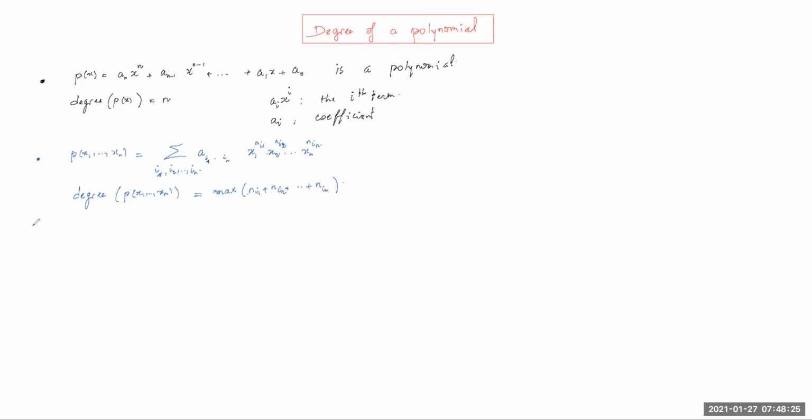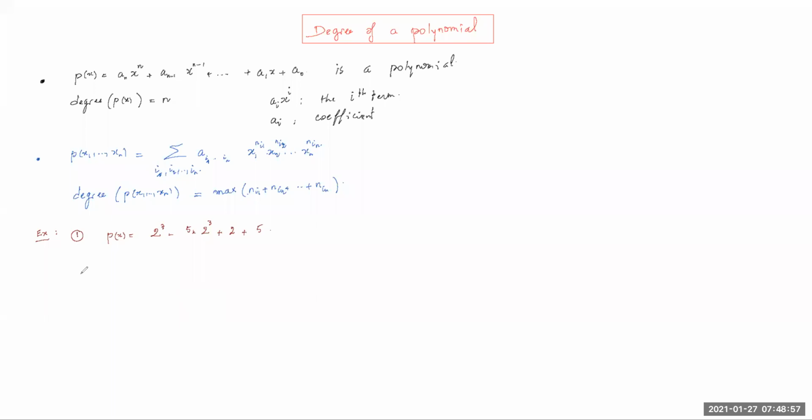First example. This is the summary, and now let's start doing an example. Suppose I give you an expression, and the purpose is to identify the degree of the polynomial. Here is my first expression: p of x is 2 to the power 7 minus 5 times 2 to the power 3 plus 2 plus 5.